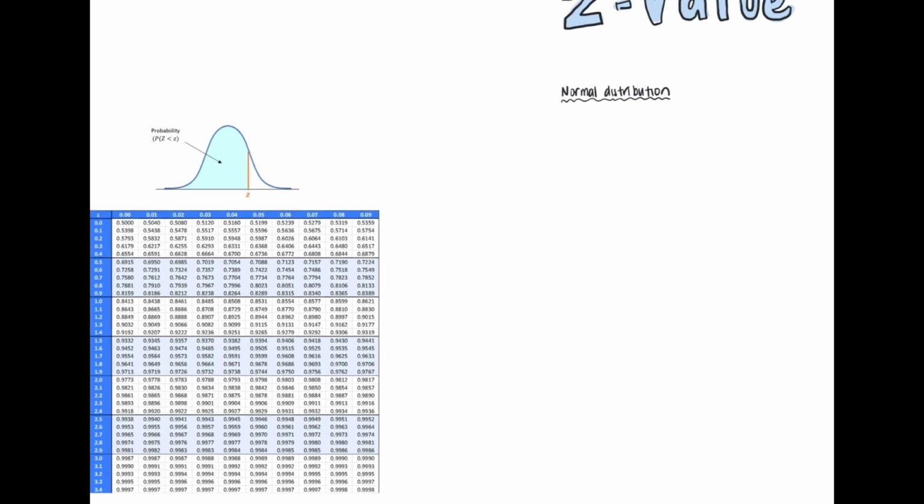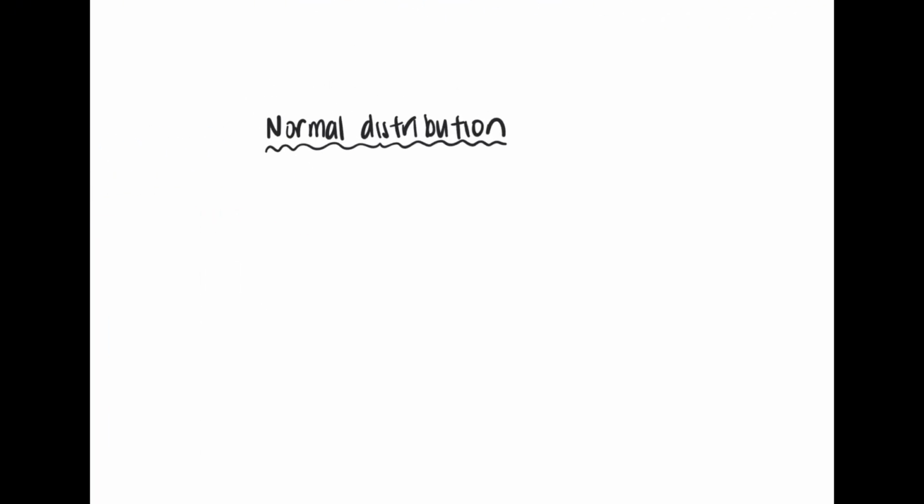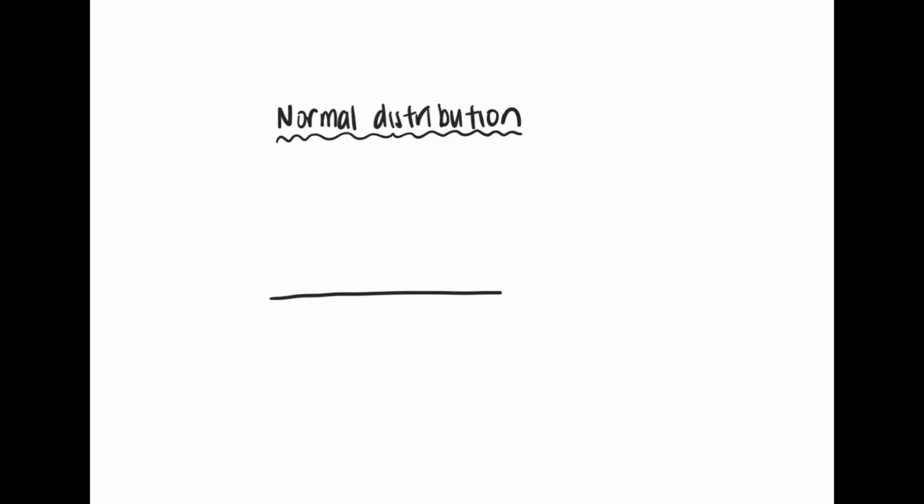Before we learn about the Z value, we must know about the normal distribution. A normal distribution is a symmetrical bell-shaped curve where most data points gather around the central mean.